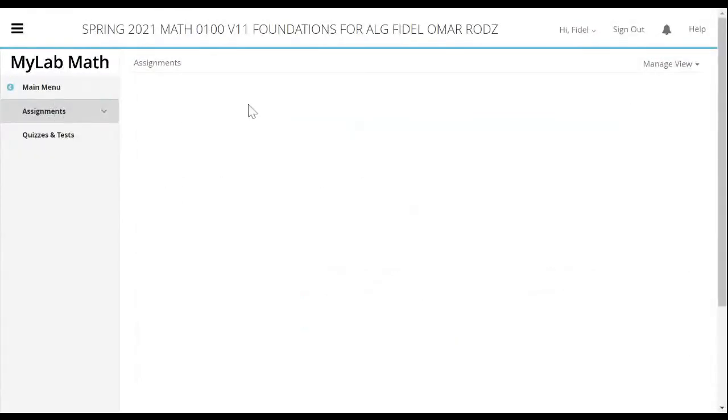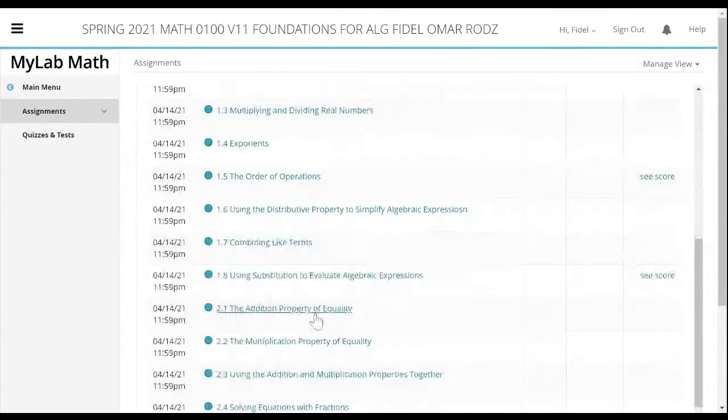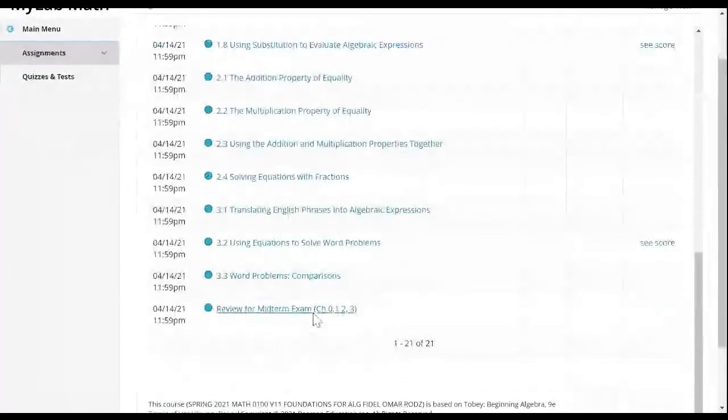So let me click back here on assignments. For this week, we're doing 2-3, 2-4, 3-1, 3-2, 3-3, and then obviously the midterm review. And tomorrow, guys, I can answer questions from here too, but I was going to specifically do that tomorrow. But I'm game for answering any of these questions as well.